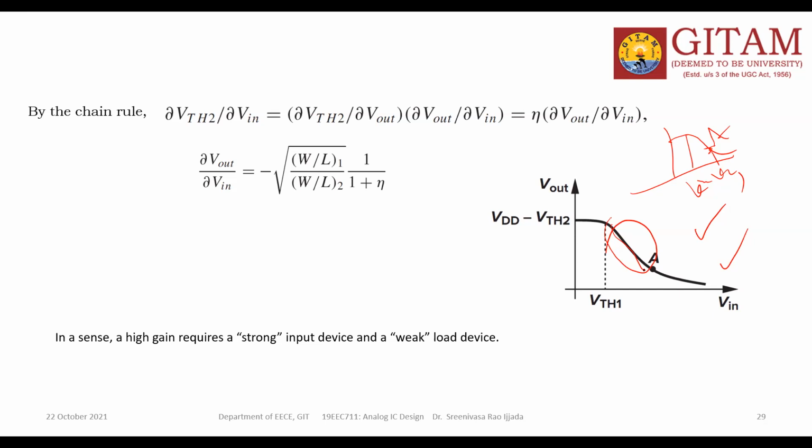But here, whenever the input is 0, the output is not full VDD. It is VDD minus the threshold of the upper device, which is again a transistor. So VTH2. Suppose VDD is 5 volts and VTH is 0.8 volts, then what is the output value? 5 minus 0.8 is how much? 4.2. This means you didn't get the full voltage value.